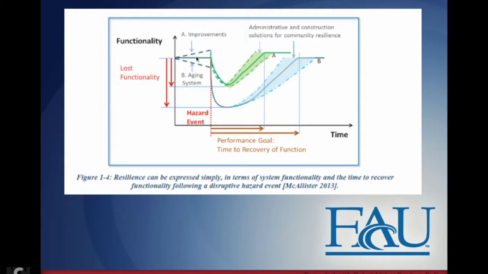Or we may be improving our system, which means functionality of our various systems is getting better. At some point, we have a hazard event during a time period right here. The hazard event leads to reduced functionality. And then, over time, there is the performance goal of trying to minimize the loss or get back to full recovery as quickly as possible.